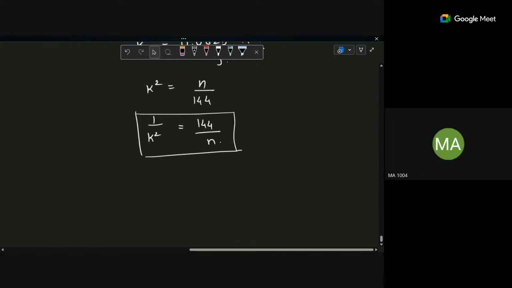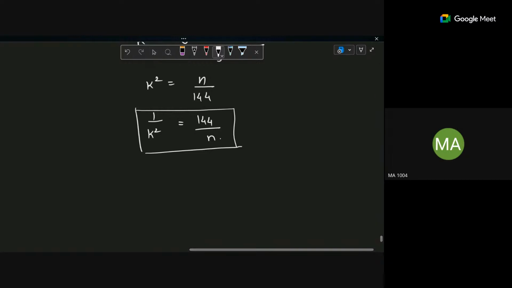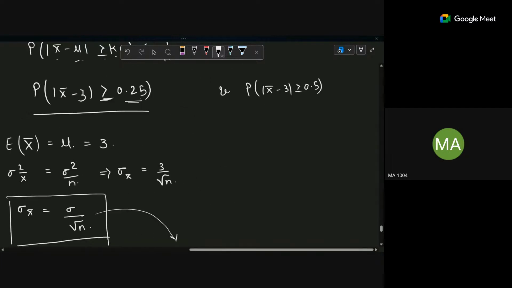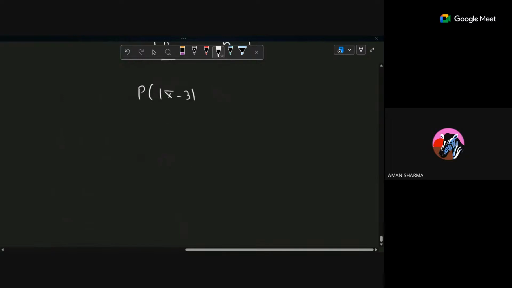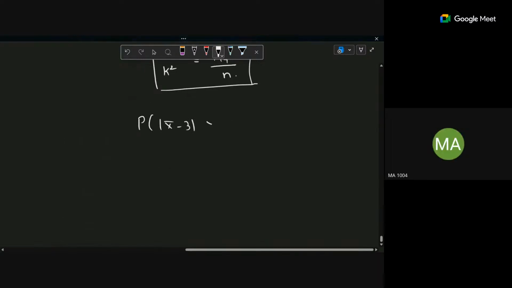So 1 by k square is 144 by n. That means which inequality is correct? Modulus x bar minus 3, greater or equal to 0.25, is less or equal to 144 by n, right?